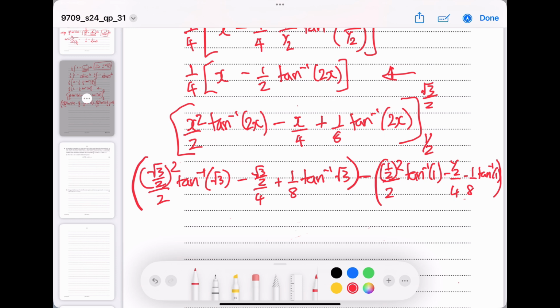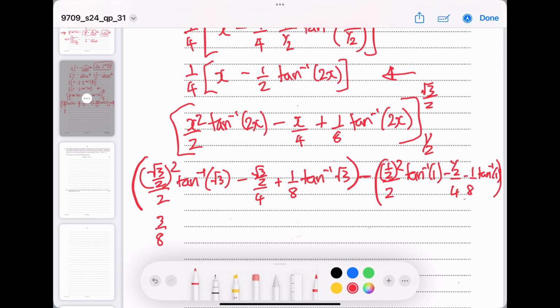Because they want an exact value, we have to keep this as accurate as possible. So root 3 over 2 squared, divided by 2, is 3 over 8.